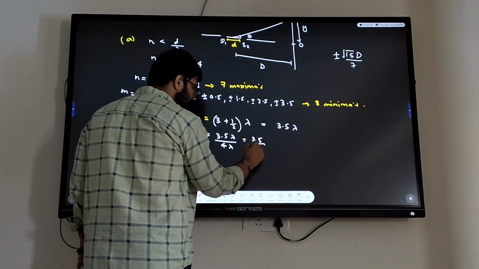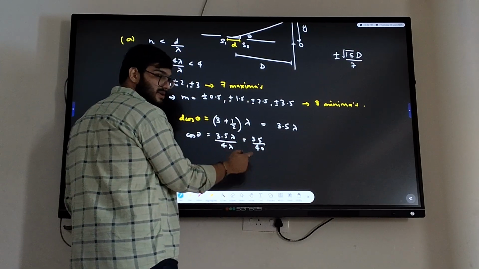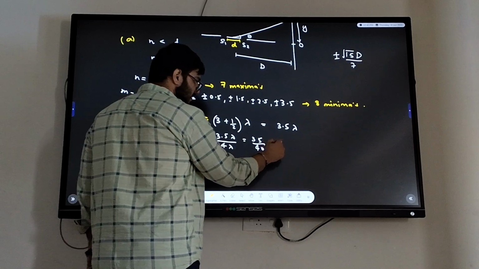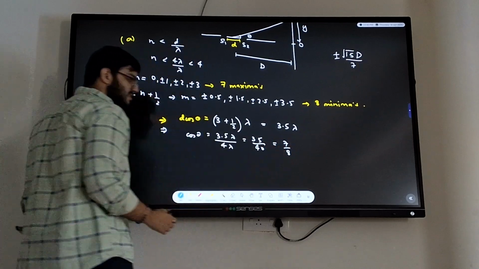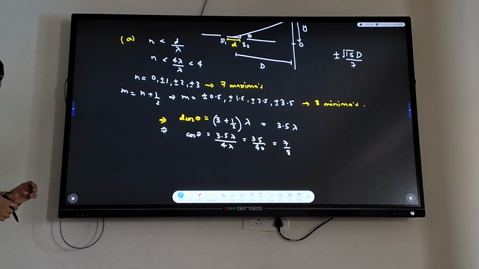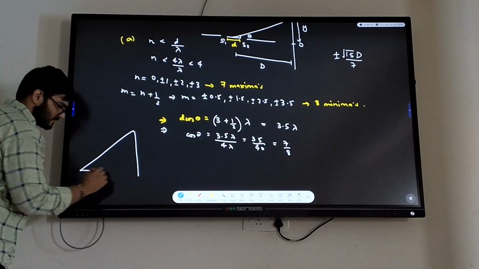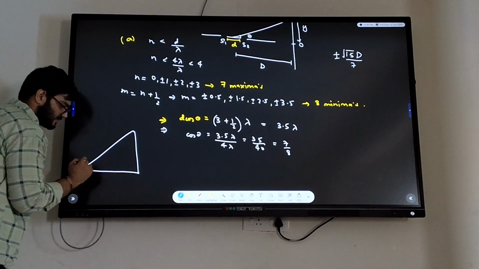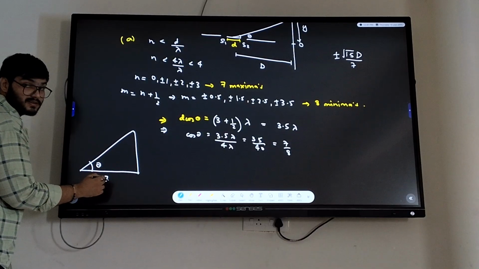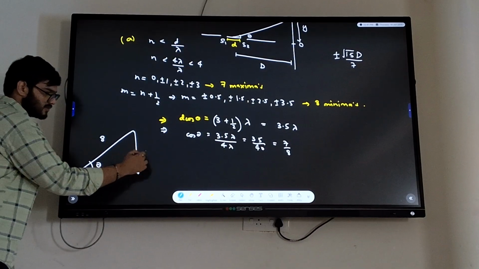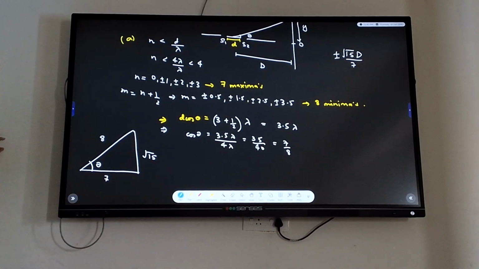Thus 35 by 40, and 35 by 40 can be reduced to 7 by 8. So cos theta equal to 7 by 8. Then what is tan theta? This is 7, this is 8, so this is √15. So tell me, what will tan theta be?